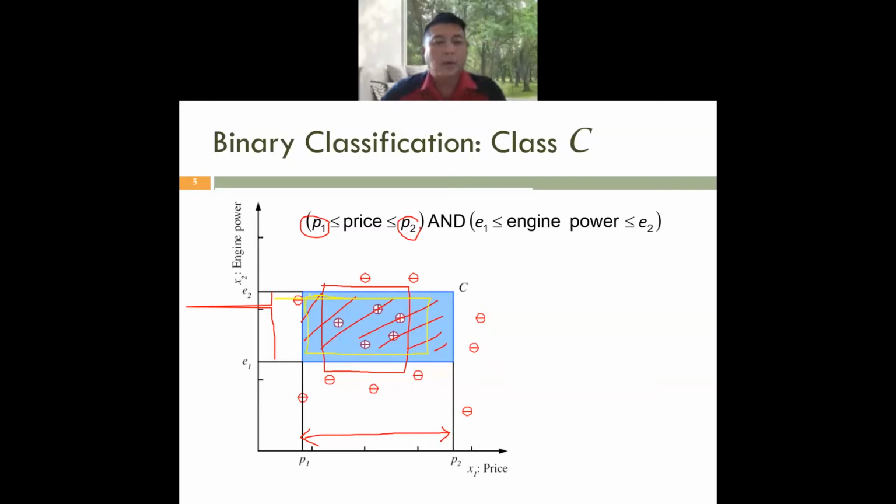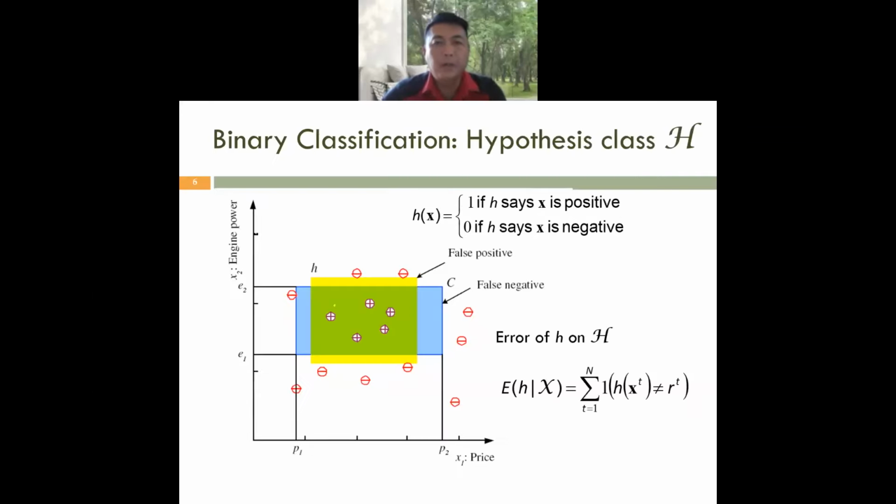So this is what we call hypothesis. Hypothesis in machine learning means that area is considered as the area that can be considered as positive. So when it comes to hypothesis class H, the yellow one is the one derived by the model.